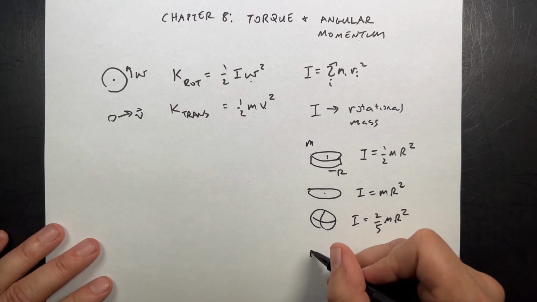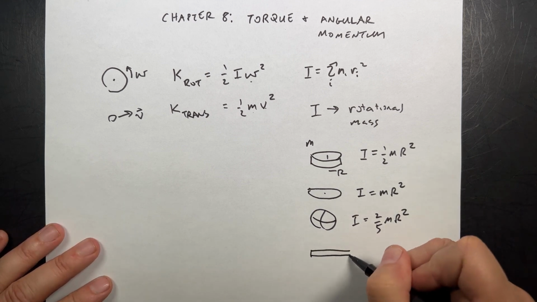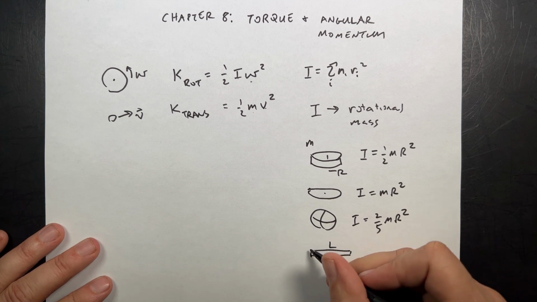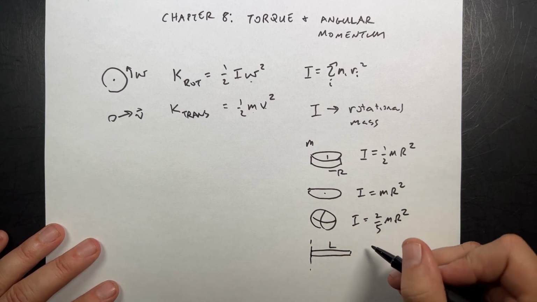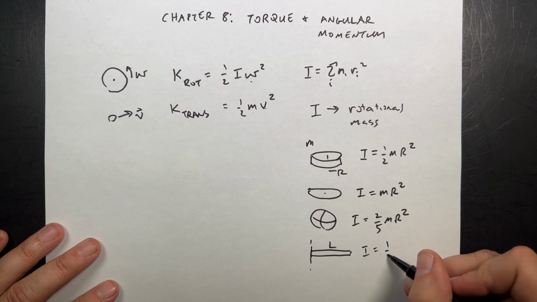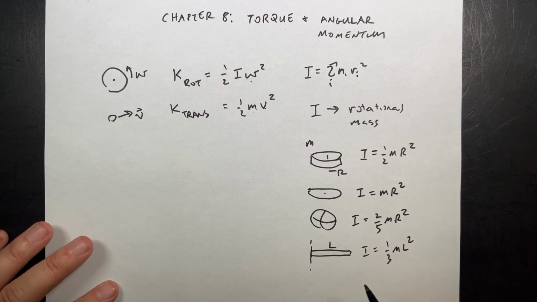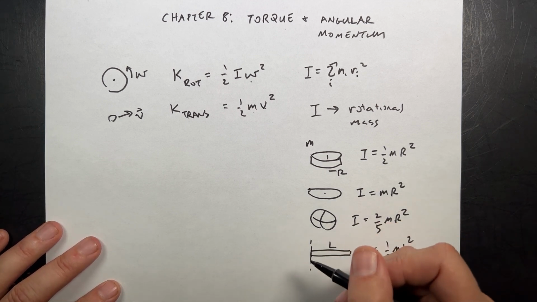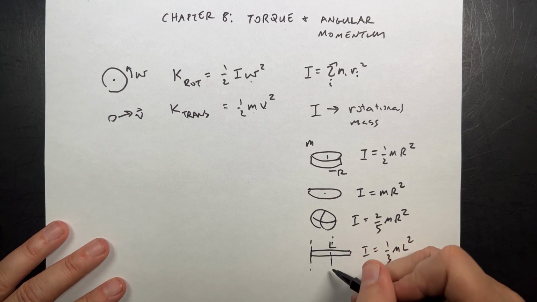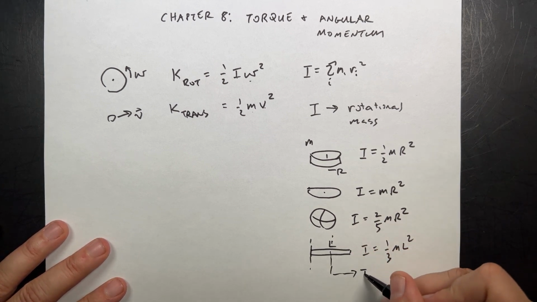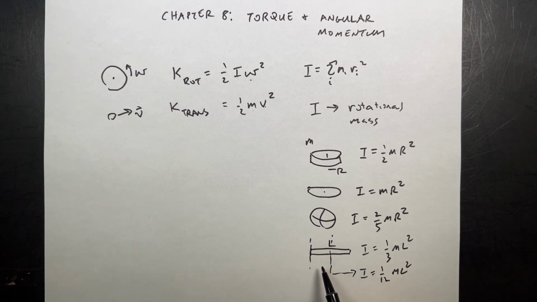What if I have a stick of length L, and it's rotated about the end? Then I is 1/3 mL squared. Now, if you rotate about the center, it's different. I'll put a dot right there. I is 1/12 mL squared. You can try that.